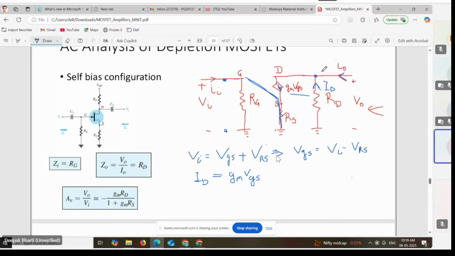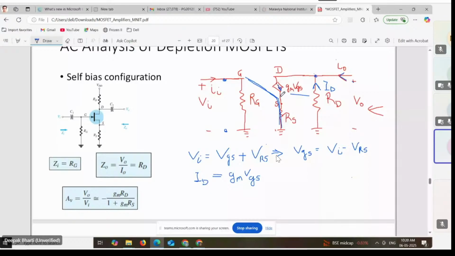In situations where Z naught cannot be calculated just by observation, you have to include the term I naught in your analysis, whether using KVL or KCL rules. In the rest of the analysis, you need not include I naught. As we are determining AV, we should not include I naught, so ID will be equal to gm VGS itself.